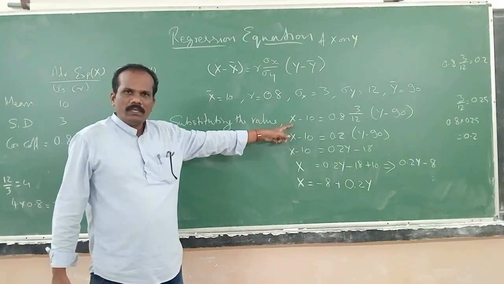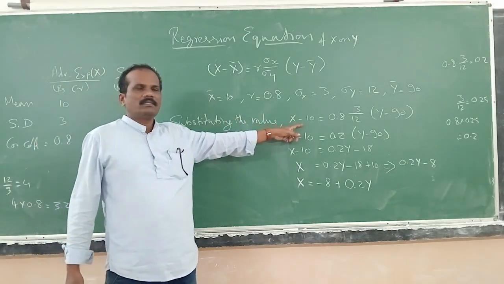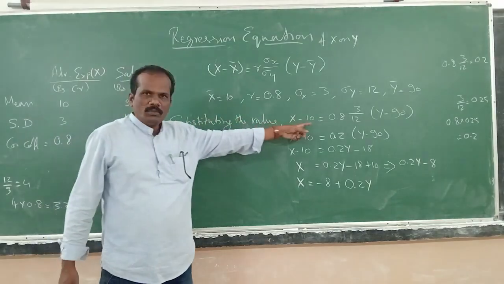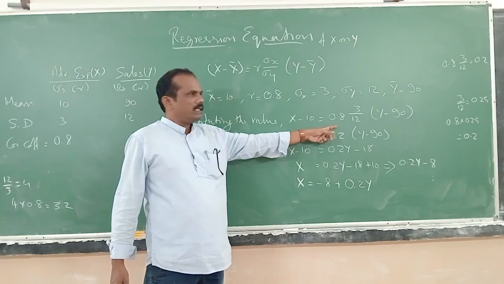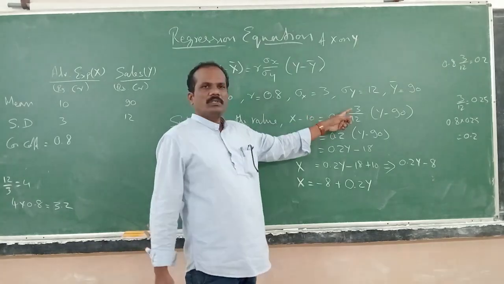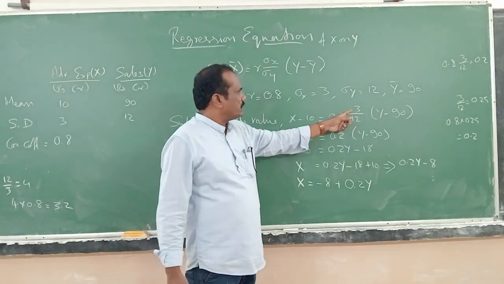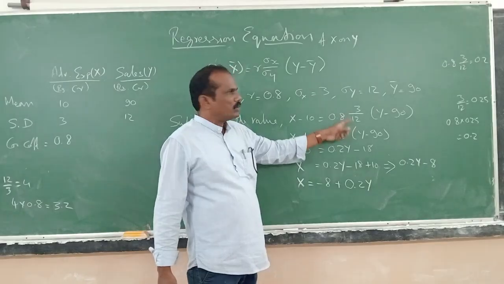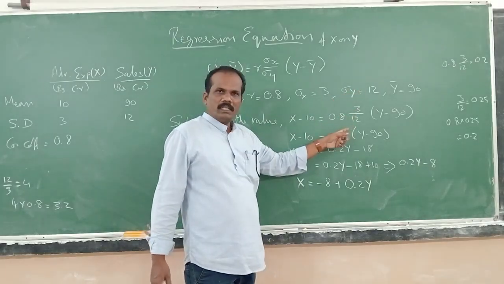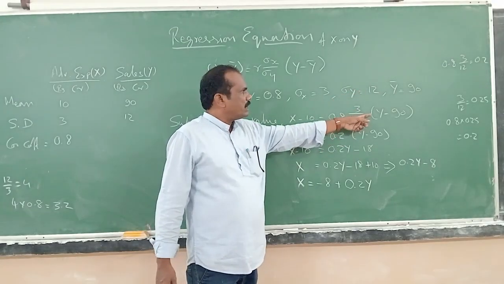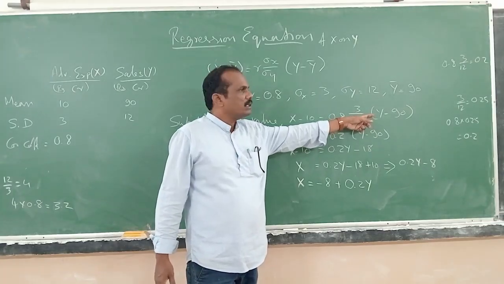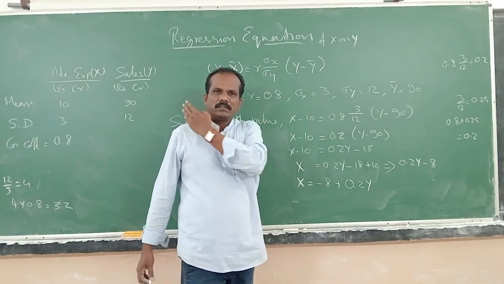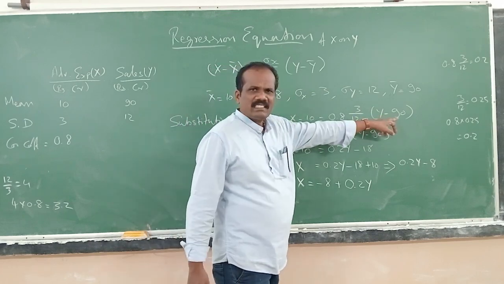We don't know the value of x, and the mean of x is 10. We have substituted it here, and the r value stands at 0.8, the standard deviation of x is 3, and of y is 12. We don't know the value of y, but we know the y mean, the sales value, is 90 crores.